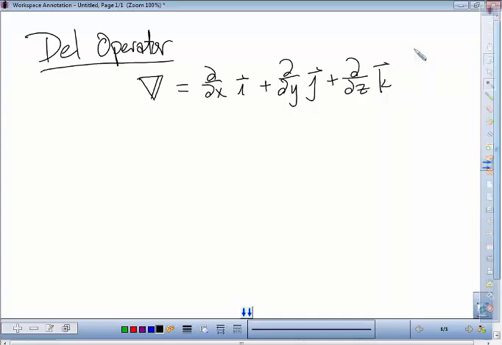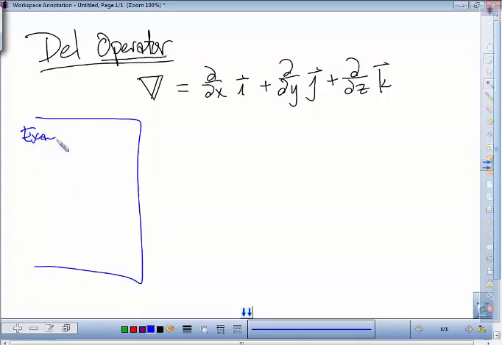as a three-dimensional vector. Now this has no quantity. This is an operator like d dx. Examples of operators that we might have seen in the past are d dx, or the integral of something dx, right?